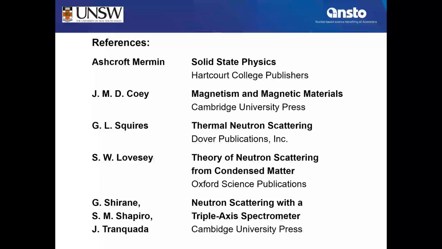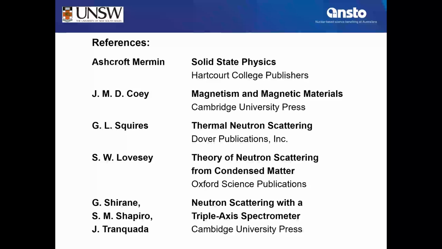I have a list here of references of textbooks. Most of you might know some of these resources already, but I still have listed all of them. If you want to learn more about magnetism, solid state magnetism: Croft, Mermin, Cowley, Cambridge.